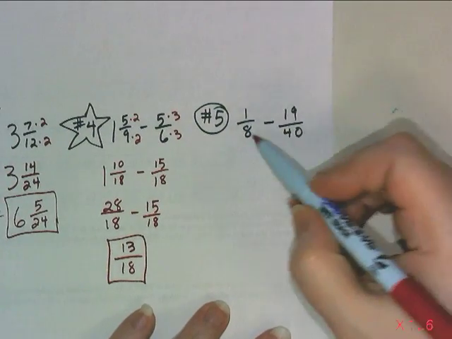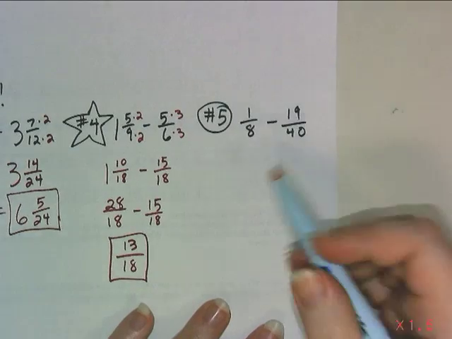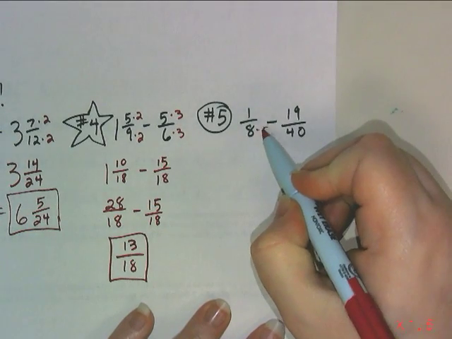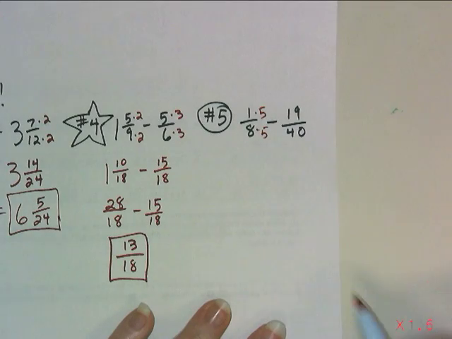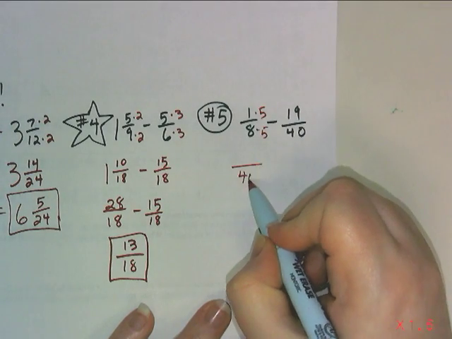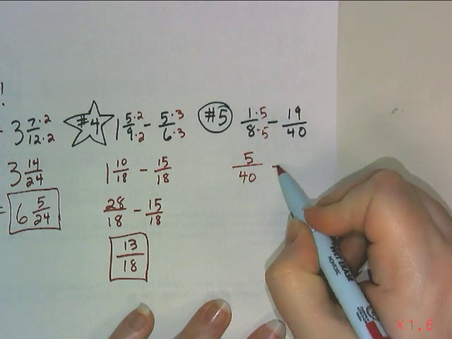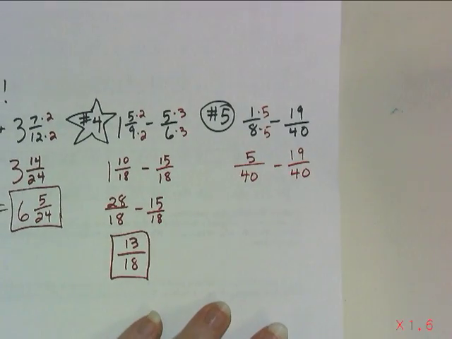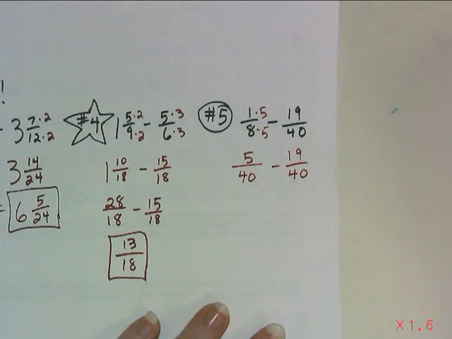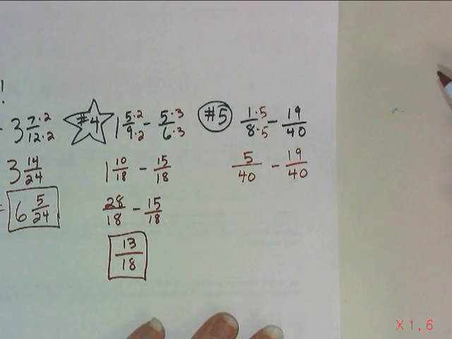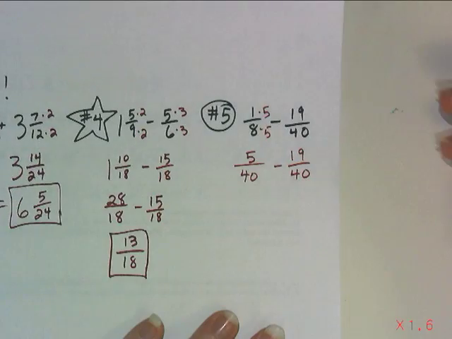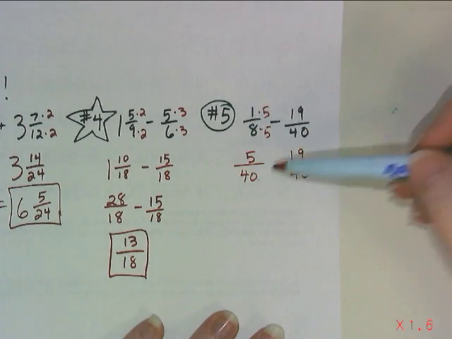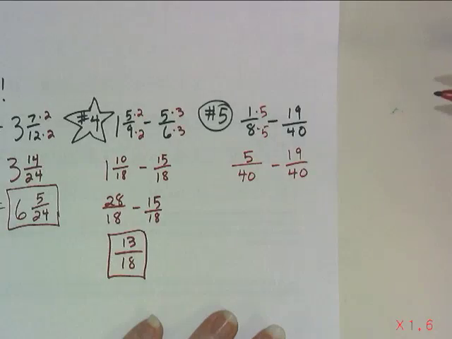Last but not least, 1/8 minus 19/40. So let's get common denominators. Luckily, I can change this to 5/40 pretty easily, and I can leave my second fraction as 19/40. Notice not everything has to change to get common denominators. Oh, but 5 minus 19, normally we would say we can't do this, we need to borrow, except there is no whole number to borrow.